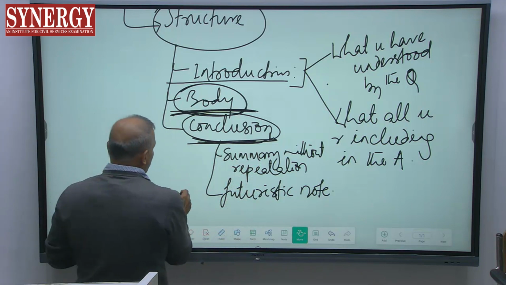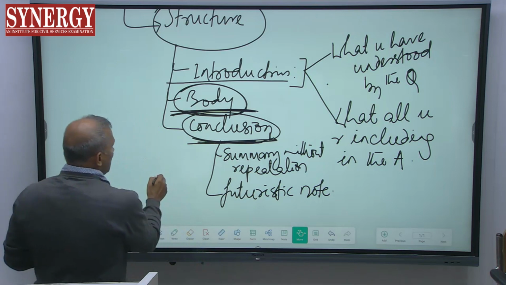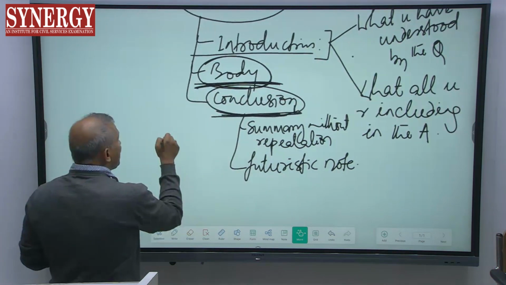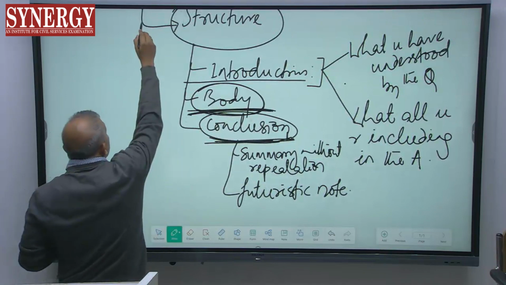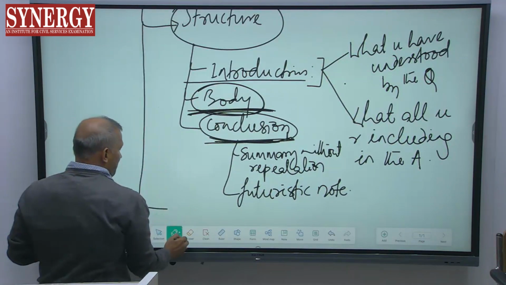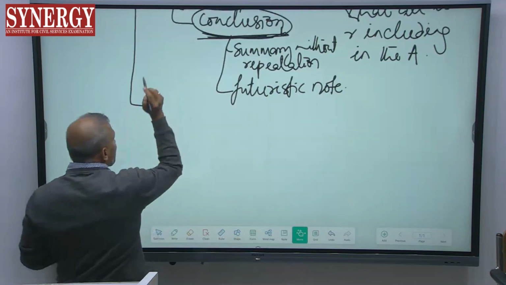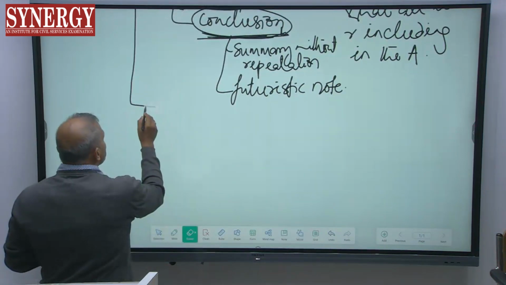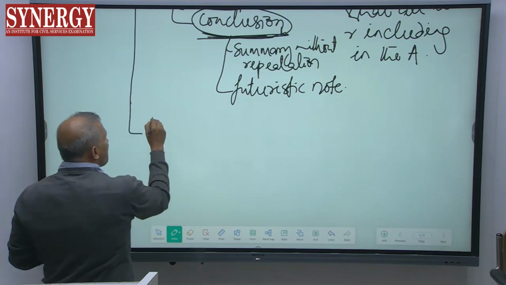But apart from this, as far as the content is concerned, I will take into account another aspect in the content itself. Another part of the content, I would say, is the presentation.